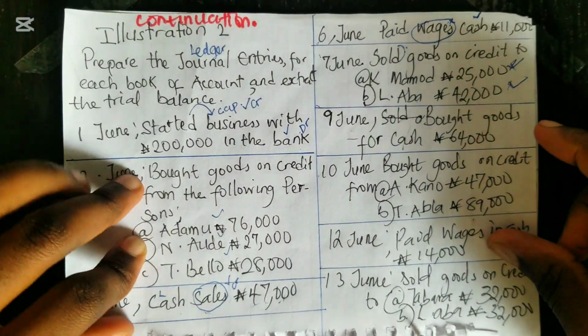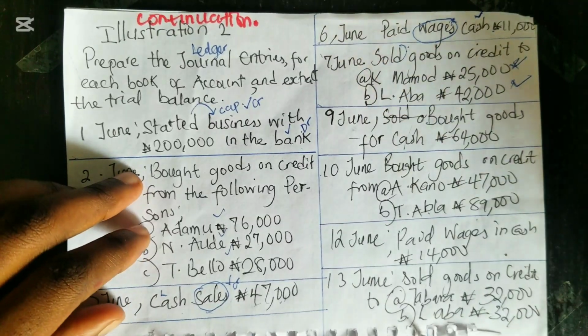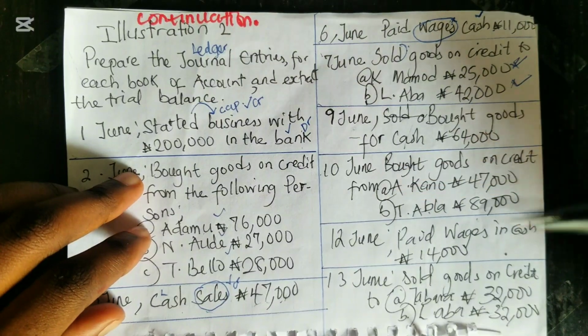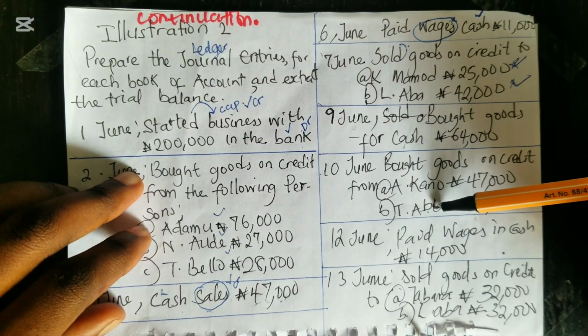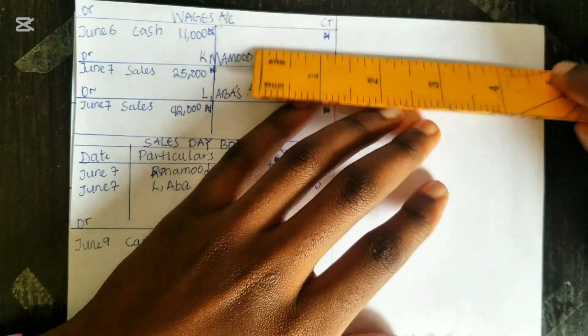So the next one is June 10, bought goods on credit from A Kano and T Abla. Do we have A Kano and T Abla's account? No. But do we have our purchases daybook? Yes. So we have to prepare A Kano's account and also T Abla's account.